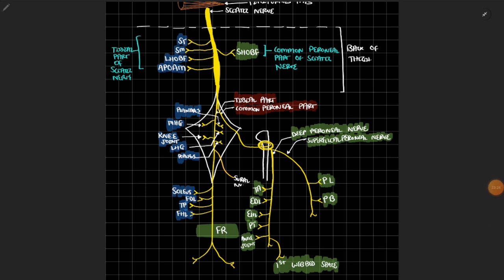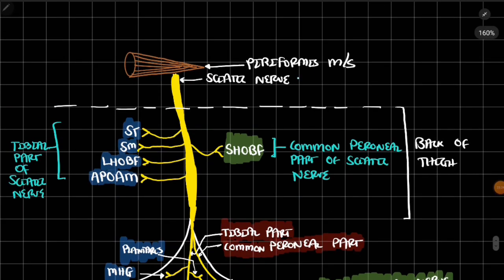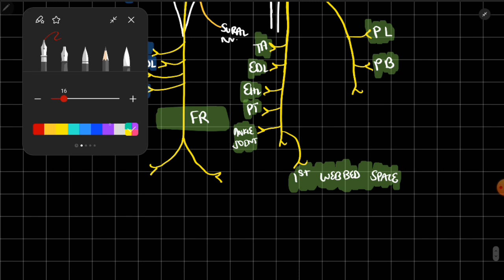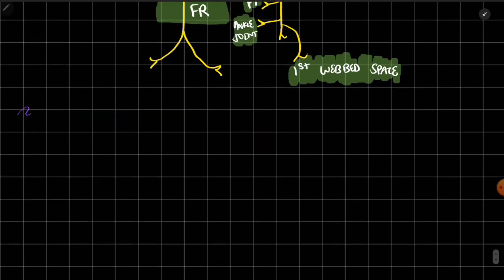Now there is one important thing to mention here. The sciatic nerve is formed by the anterior primary rami of L4, L5, S1, S2, S3. Now one applied portion, which we haven't described in great detail, is sciatica.